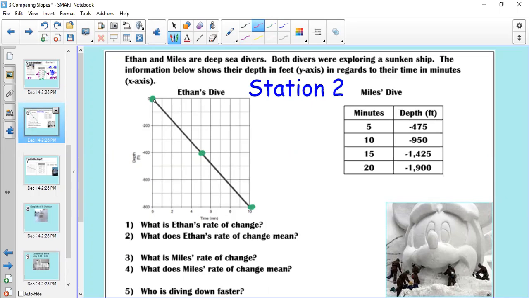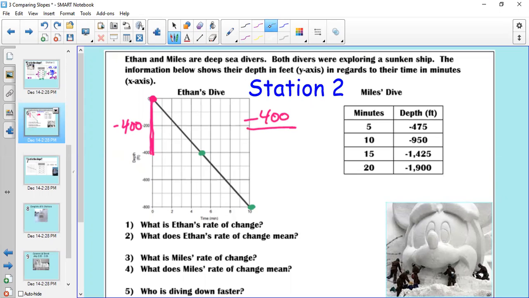Now, if I start at 0, 0, I have to go down. Since I'm going down, that means our slope is going to be negative. And I'm going to go from 0, so water level, all the way down to 400 feet below. That's a change of negative 400. That is our rise.